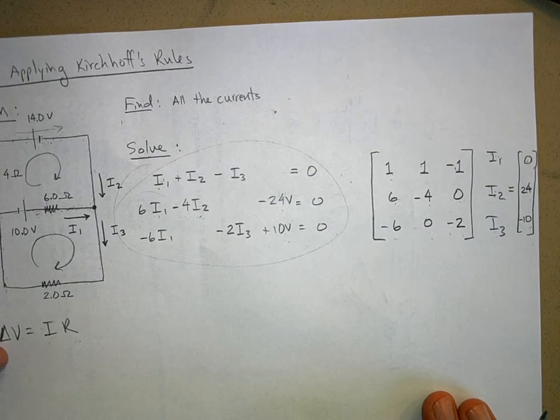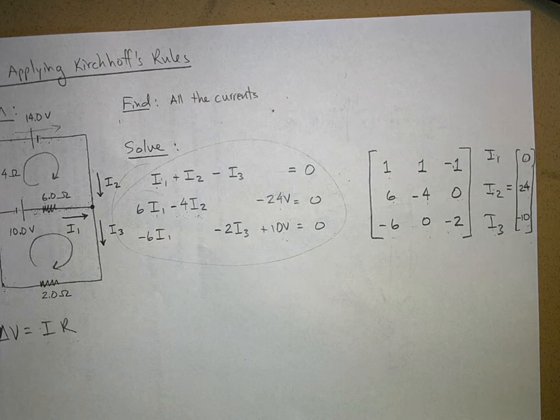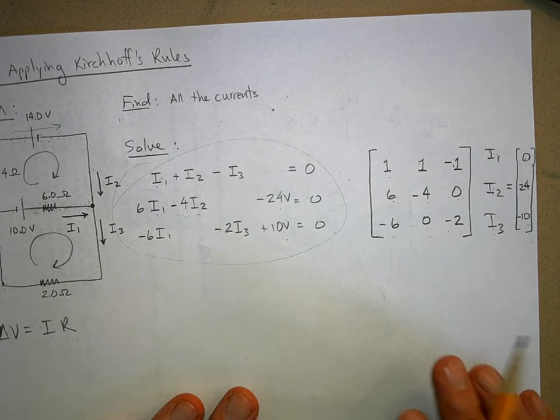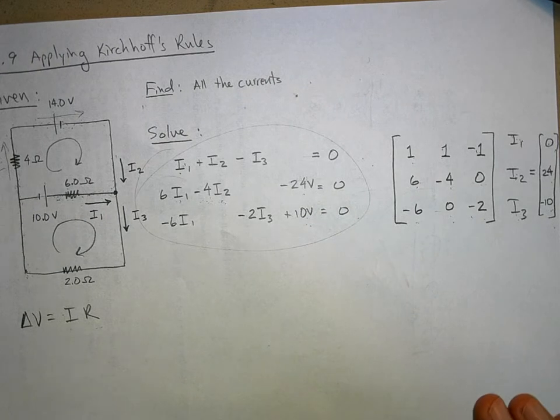What is worth points is setting these equations up and then getting the right answer from them. Learn how to use your calculator. Because if you don't learn how to use your calculator to solve 3 equations and 3 unknowns, then you're going to do it like we did back in the 80s. You're going to solve it by hand.